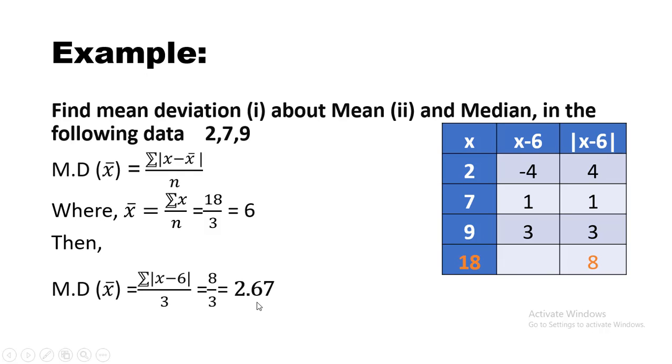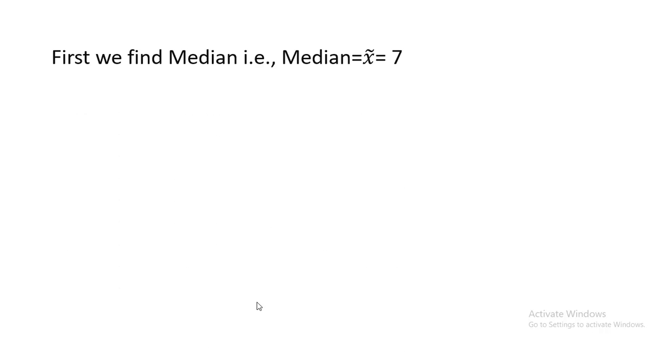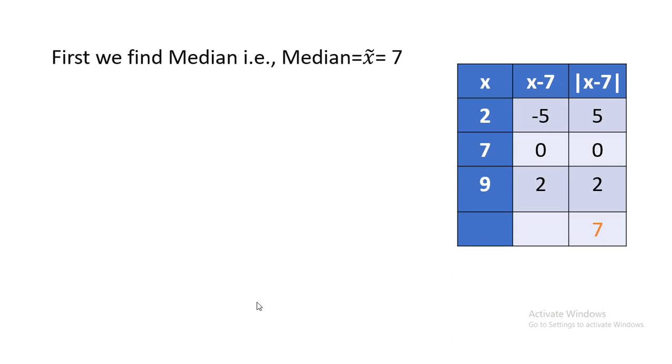Now the same applies to median as well. So for median, we first need to find out the median, and then we'll proceed further. Now the median value in this particular case is 7. So if the median value is 7, the next step is to find x minus 7, then the absolute of x minus 7.